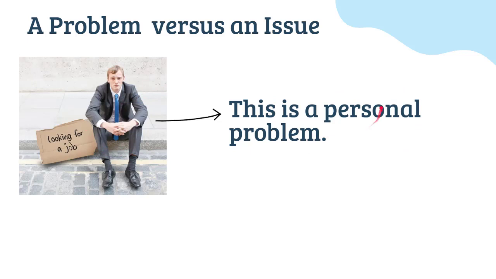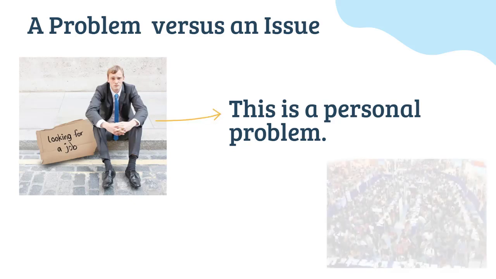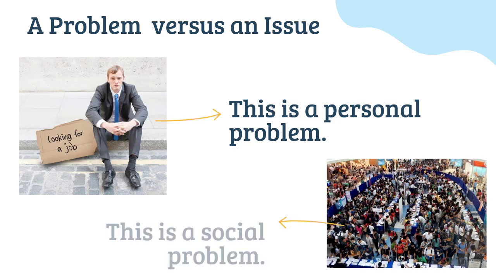Now, a personal problem, a personal issue can progress and can become a social problem. Let us look at this image. You will notice that unemployment can affect an individual, making it as a personal problem. Or let us say a personal issue. Because there are conflicting ideas behind the reason why he lost his job.